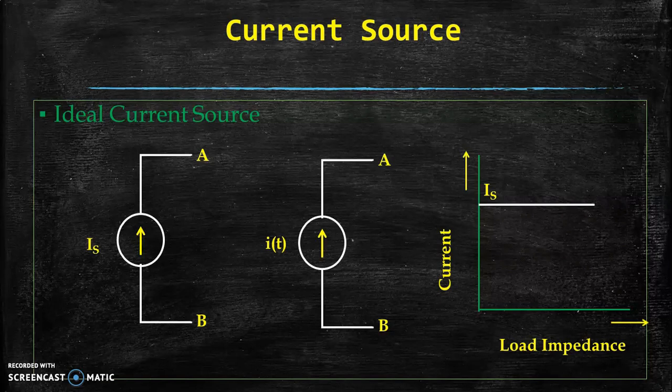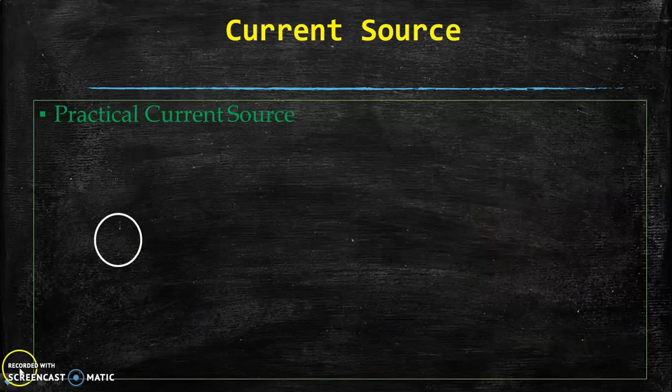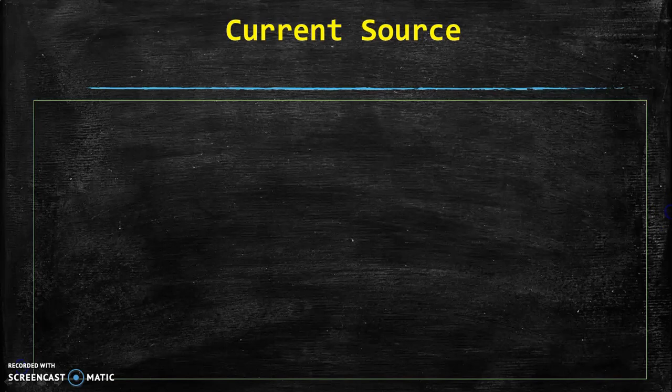But ideal current source never exists. It always has a certain amount of internal resistance or impedance connected across it, that is parallel to the source. So now let us see the practical current source.